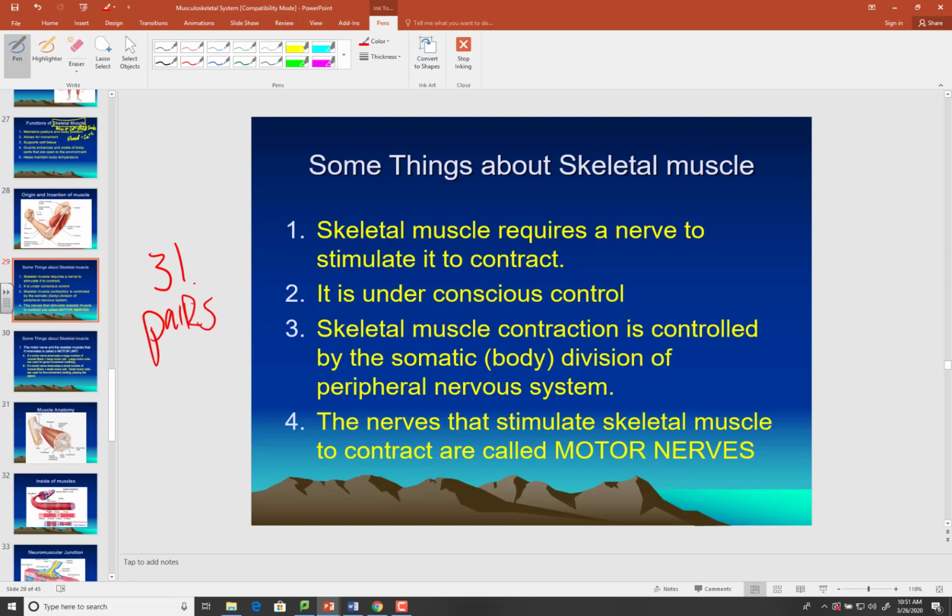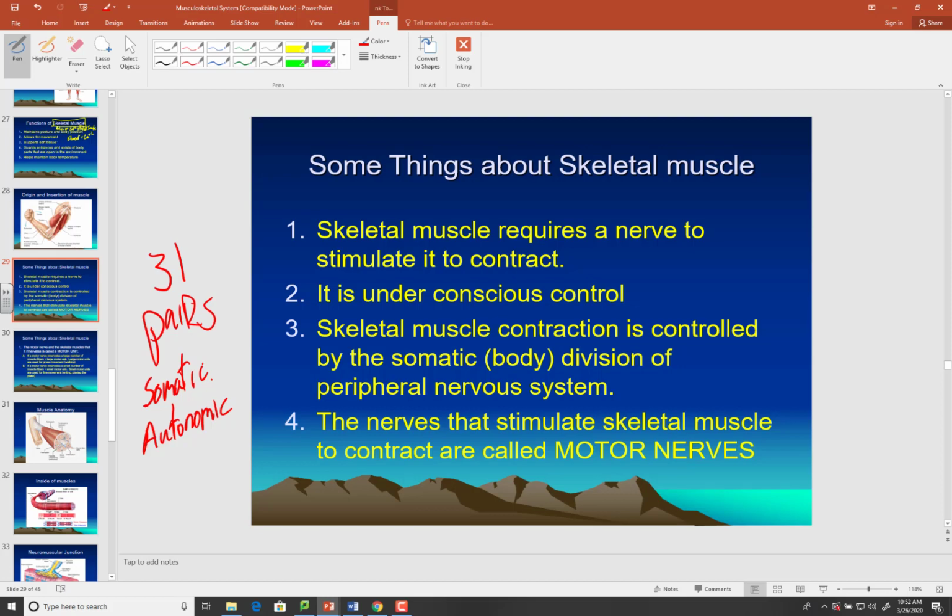And there are two divisions to the peripheral nervous system. There's the somatic, which controls skeletal muscle, and then the autonomic. And again, autonomic implies automatic. So because it's under conscious control, it's got to get signals from the brain in order to make that muscle contract.